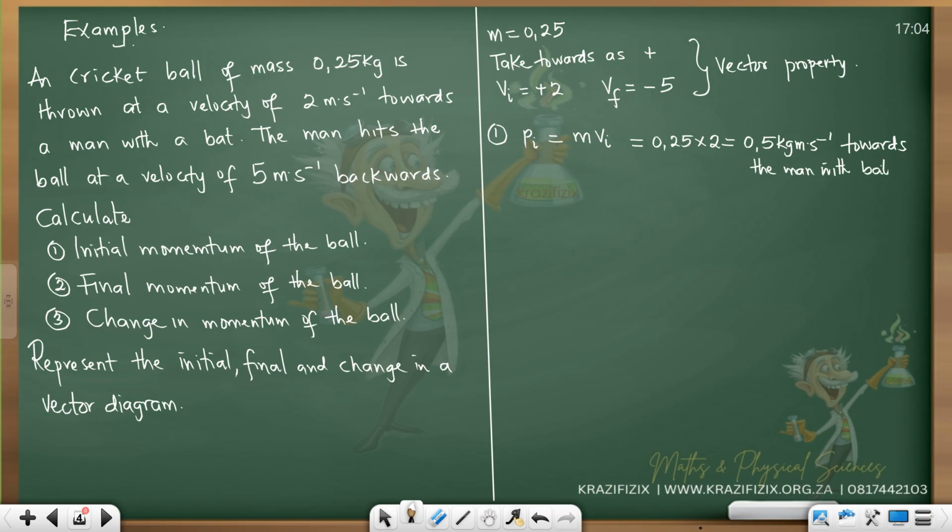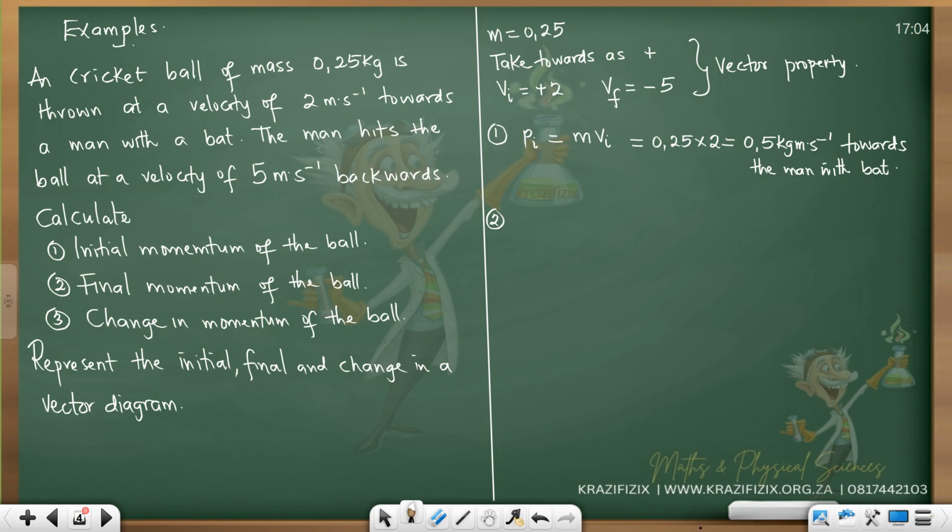Direction is important. Towards. I cannot use left or right here because that was not mentioned. Neither can I use east and west. Is that okay with you? First one done, and that would be 3 marks. The direction is always important.